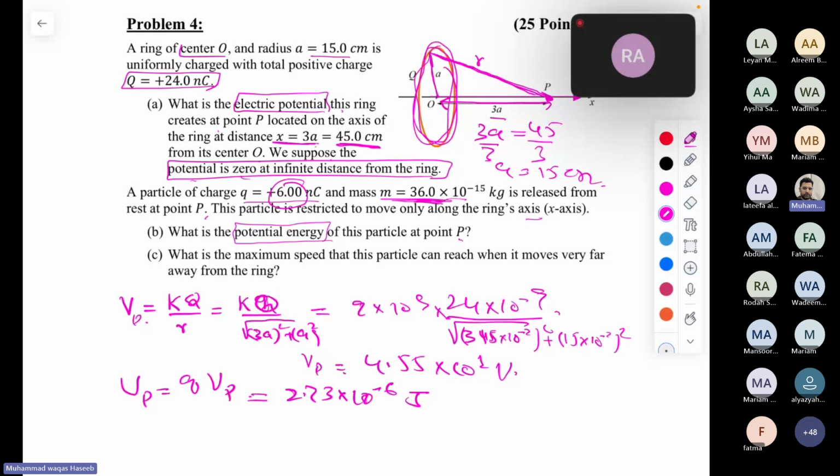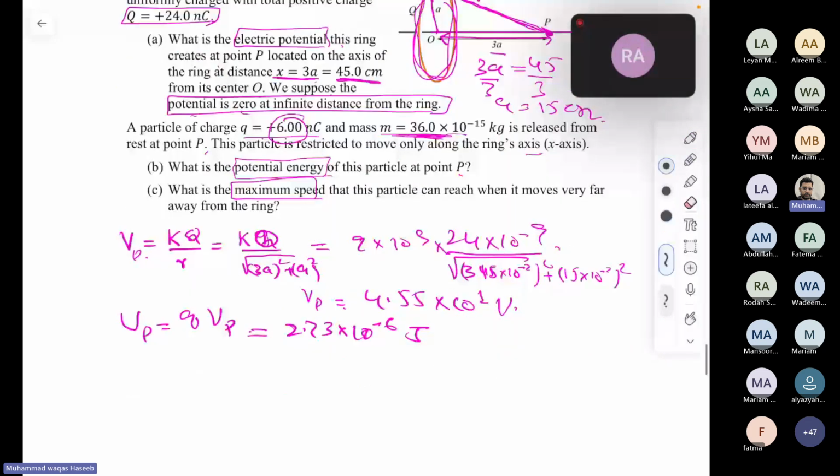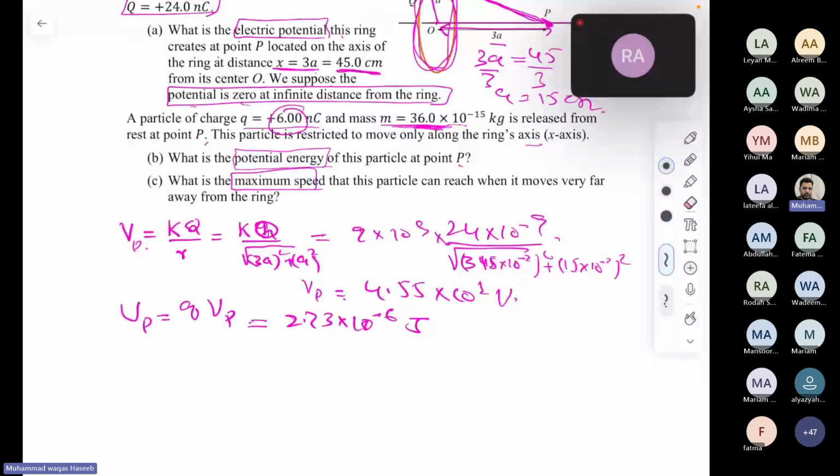Okay. So now the next part is, what is the maximum speed that the particle can reach when it moves very far away from the ring? So when it is very far away from the ring, its potential energy at infinity would be zero.